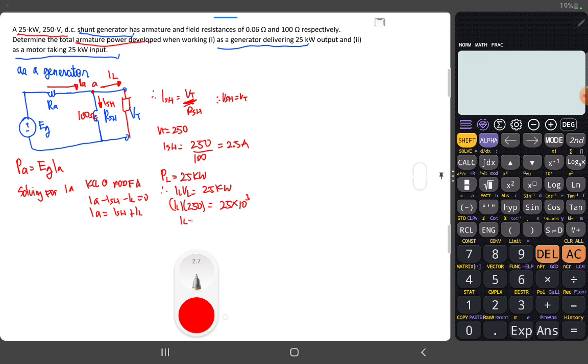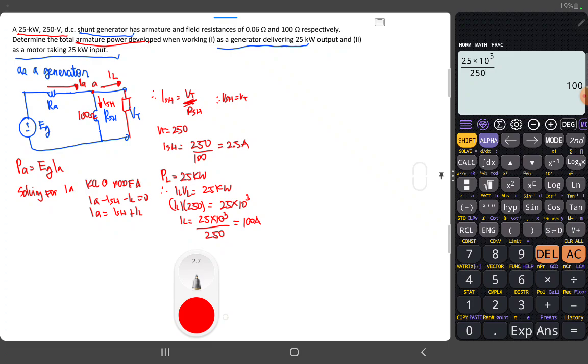Therefore our IL will be equal to 25 times 10 raised to 3 divided by 250, and we have a current equal to 100 ampere.